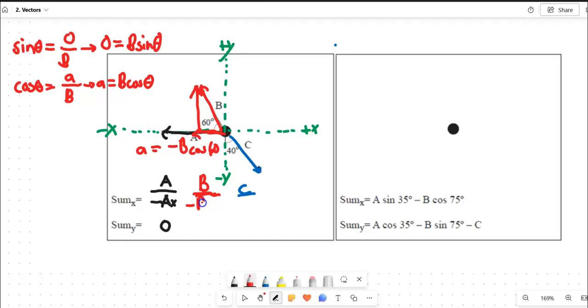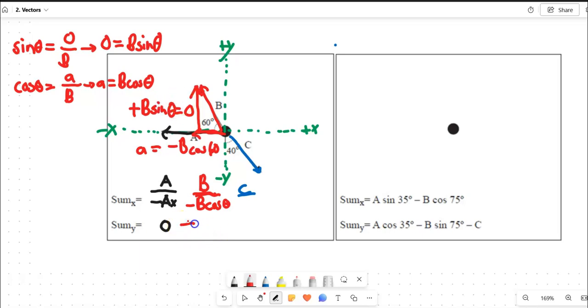Let's make that b a little bit more interpretable. All right. The opposite side, well, this is the side opposite of theta. So our opposite side is pointing up, so that's positive. That vector is pointing up is positive, and that is going to be b sine of theta.